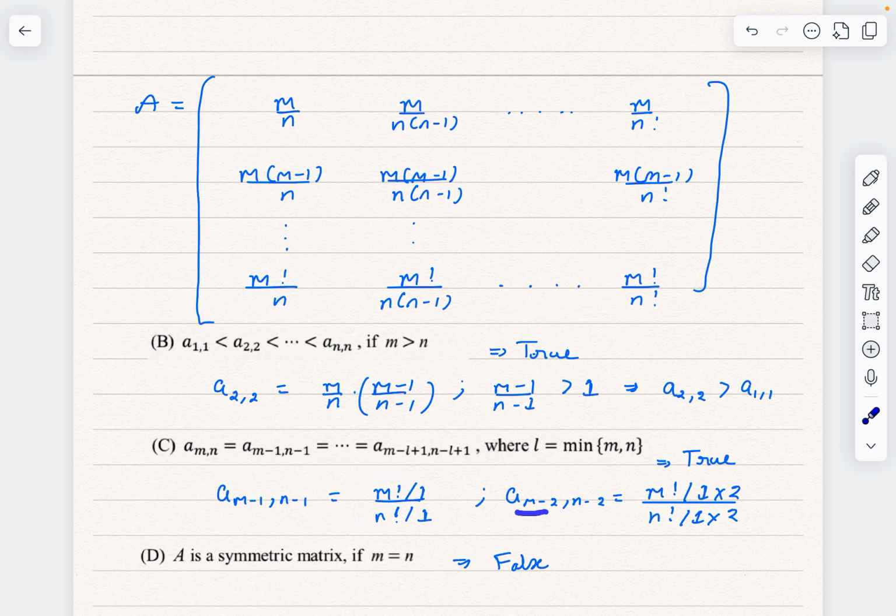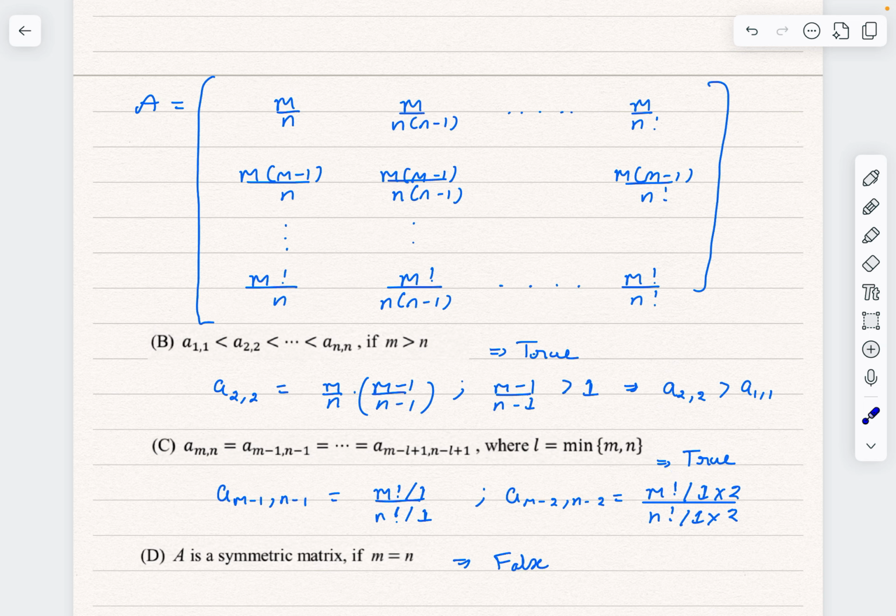In Am minus 2, n minus 2, we will differentiate m minus 2 times, so the last two terms will not be there from the m factorial. So it will be m factorial divided by 1 into 2, divided by n factorial divided by 1 into 2. Again this and this will get cancelled out, giving m factorial by n factorial. So you can see all of them are the same, m factorial by n factorial. So the statement will be true.